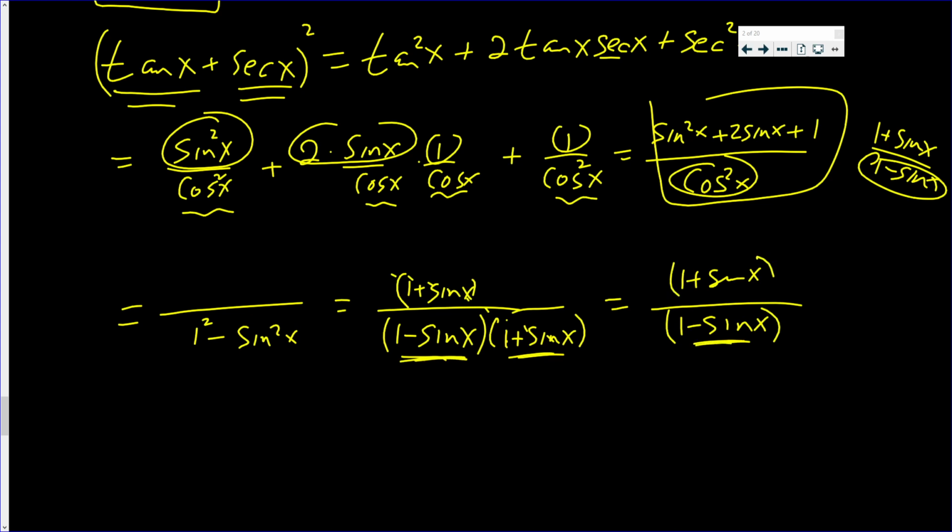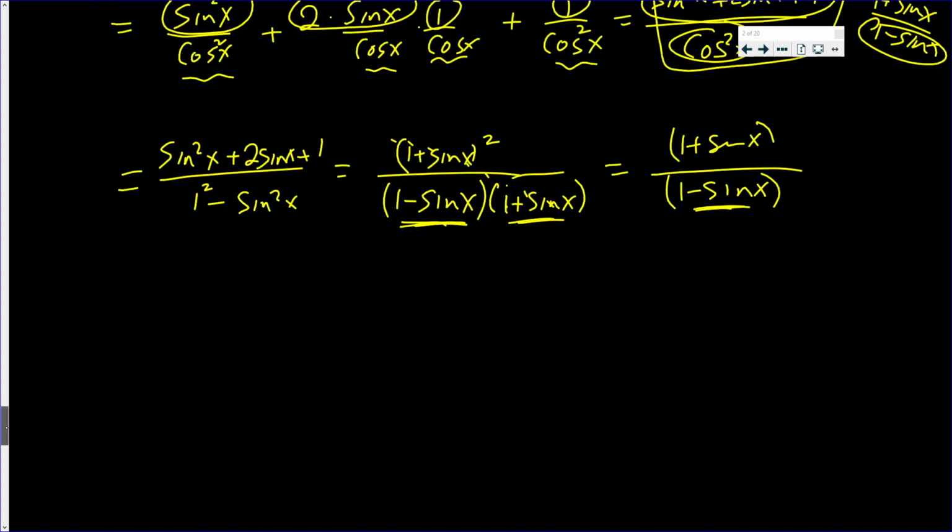But I want 1 plus sine x on the top. Okay, I'll put another 1 plus sine x on the top. That is, this here, sine squared x plus 2 sine x plus 1 is 1 plus sine x squared.